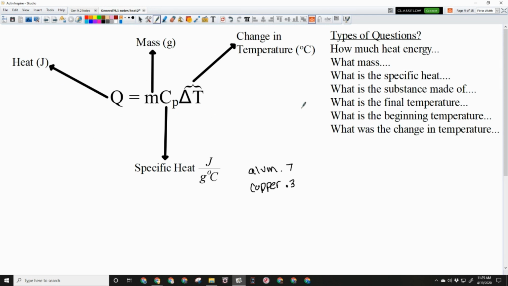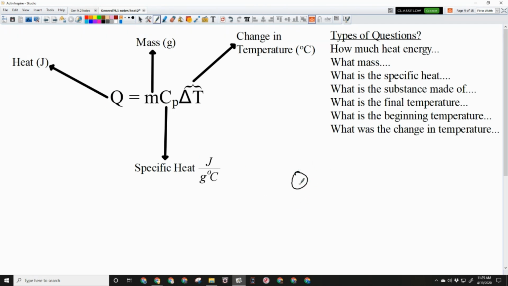So what types of questions are you going to see using this? How much heat energy? We're going to be solving for Q if it's asking how much heat energy. What mass? You're going to be given everything but mass, and you have to solve for the mass. Now that's just a simple rearranging.